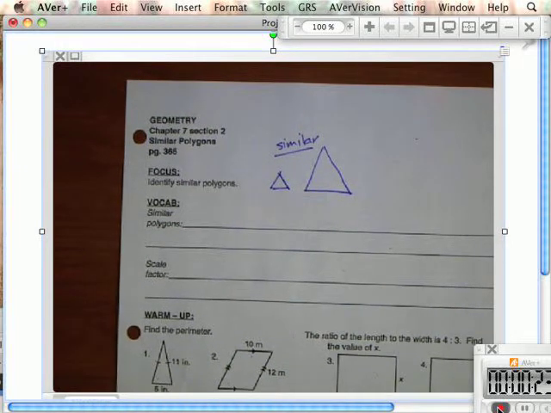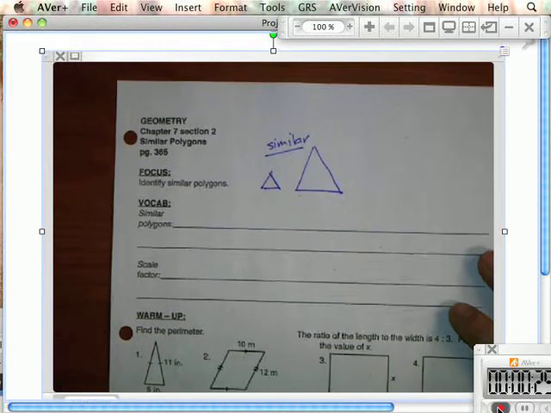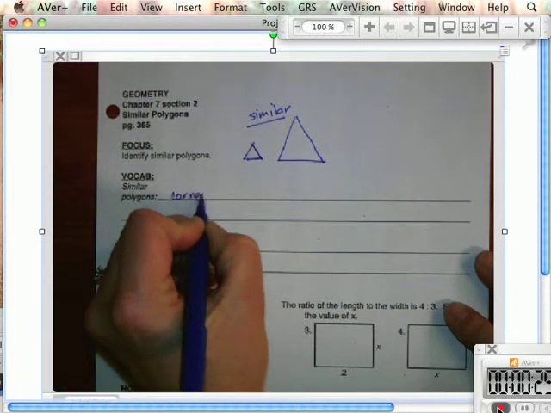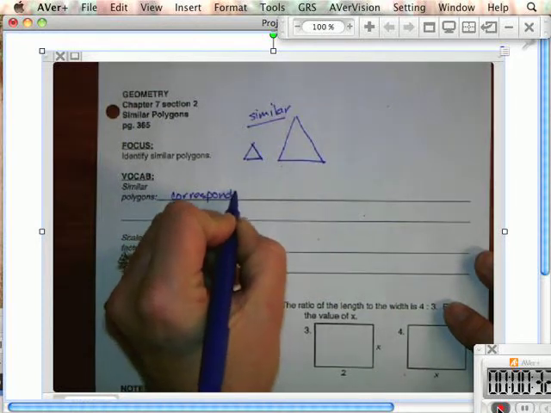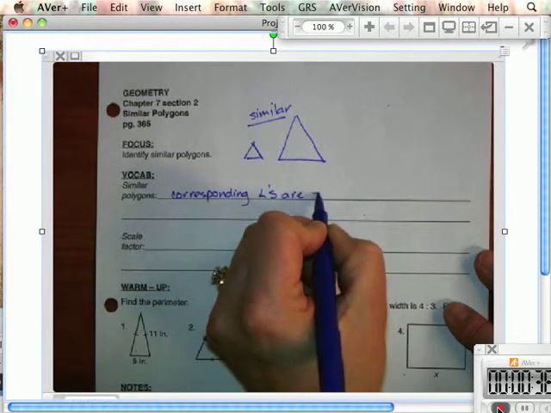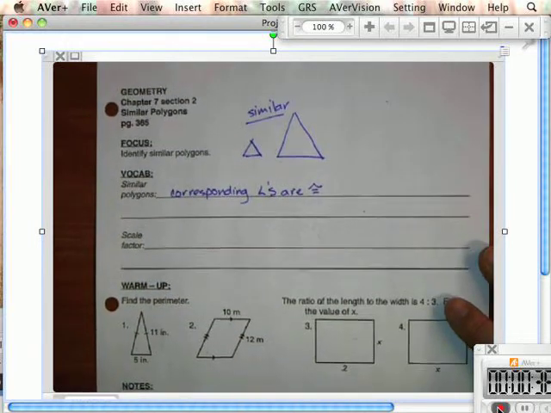Okay. So, similar polygons. You have similar polygons when corresponding angles are congruent.